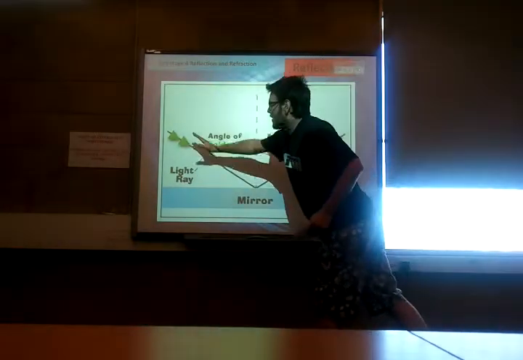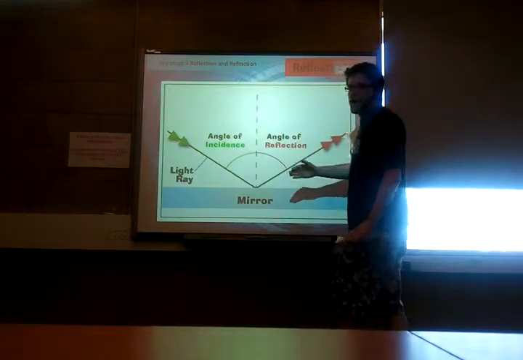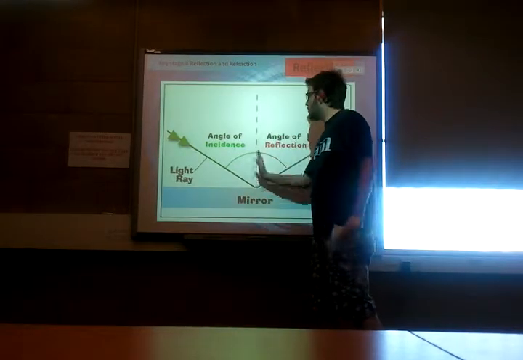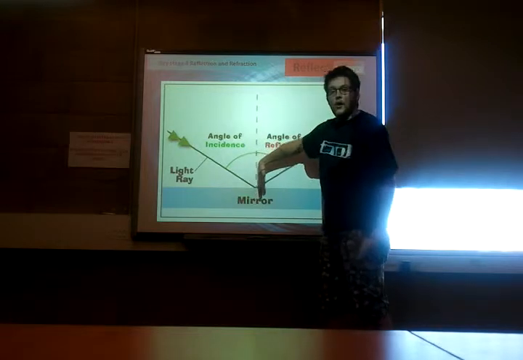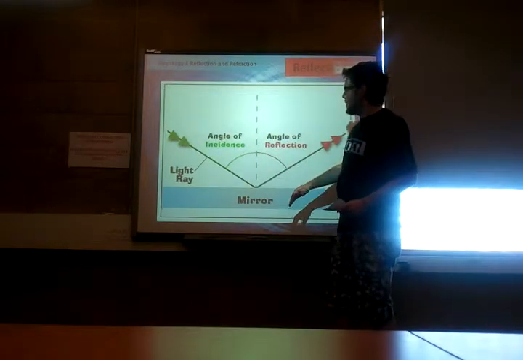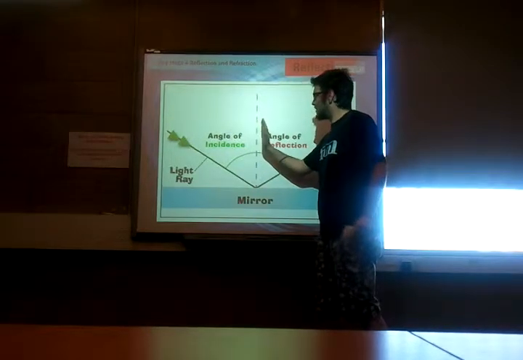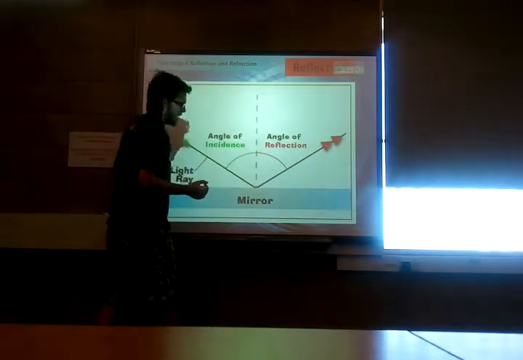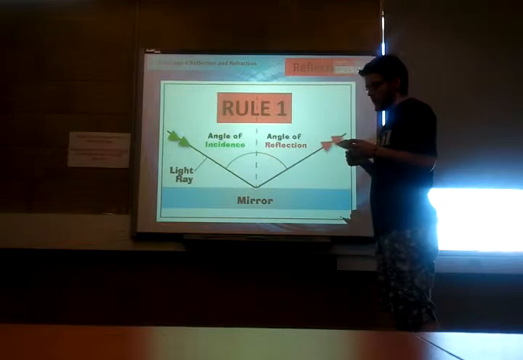These 2 angles are exactly the same, and they're taken from a line called the line of normality, or the normal line, which is at 90 degrees to our reflective surface. So our angle of incidence will be exactly the same in degrees as our angle of reflection. And that is our first rule of reflection.